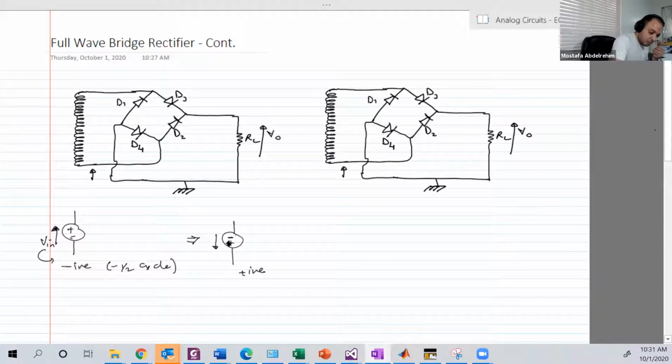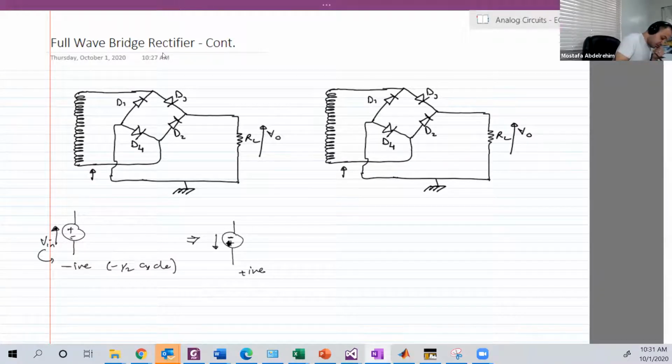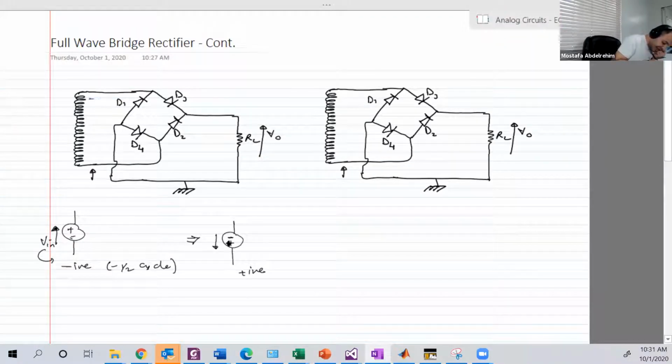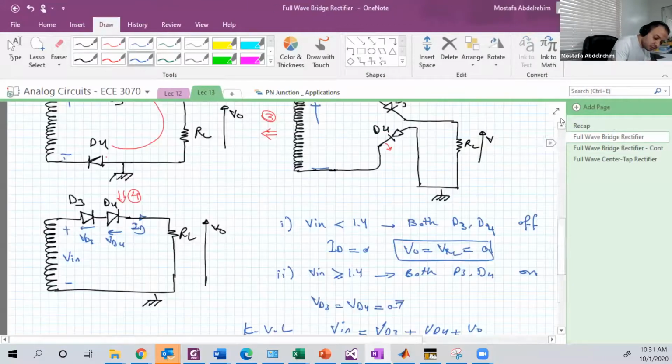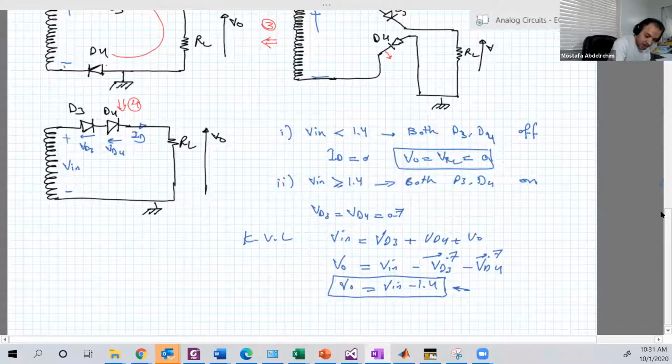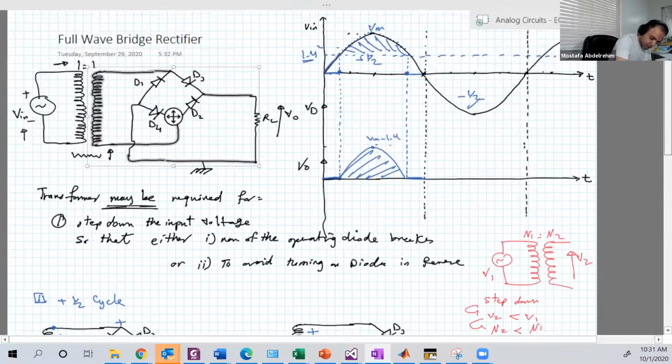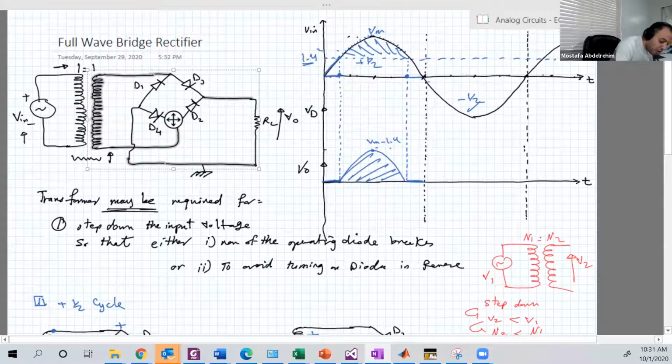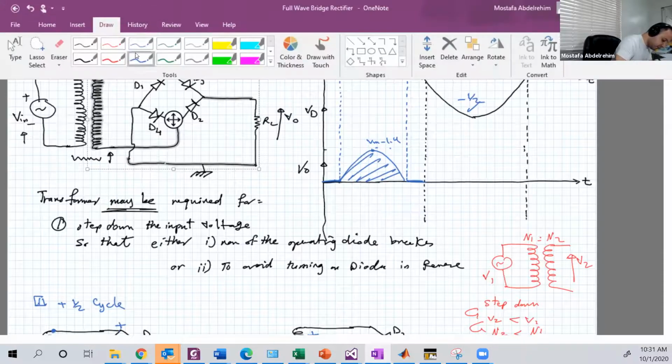So basically, this is negative and this is positive. So we flip the polarity of the battery. So we must flip also the values. So in the negative half cycle here, we will not deal with this guy anymore. We will flip its values.